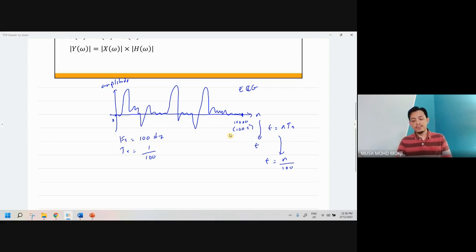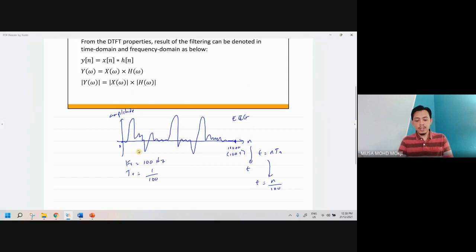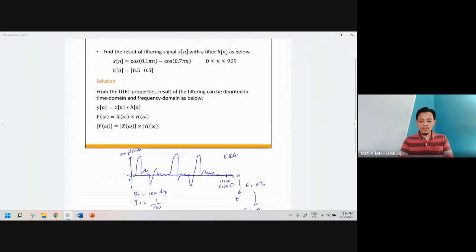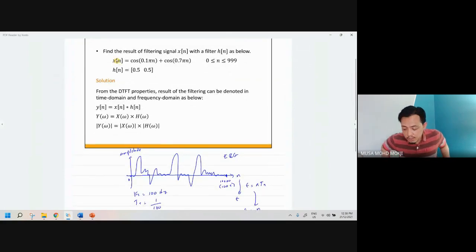Okay, and this signal, let's go back to our discussion here. If you look at this signal, Xn, this is very important so that you understand a signal. This is actually a very simple example of a signal because it has only two frequencies, 0.1 pi and 0.7 pi, in small omega.